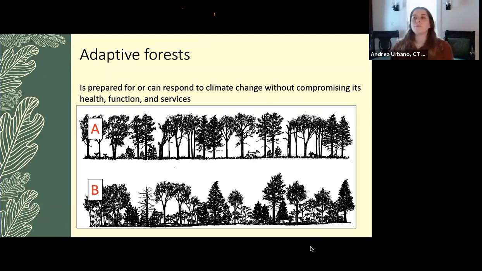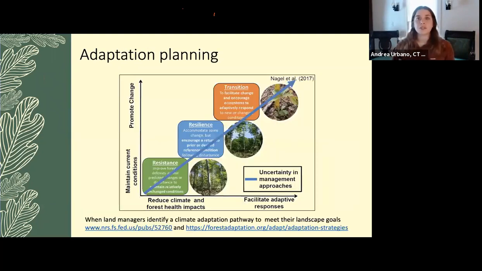So how can you promote an adaptive forest in your woodlot or throughout the woods you manage? As Frank and Fern and others mentioned, you can talk to your service forester or your private forester to learn more about options specific to your woodlot.